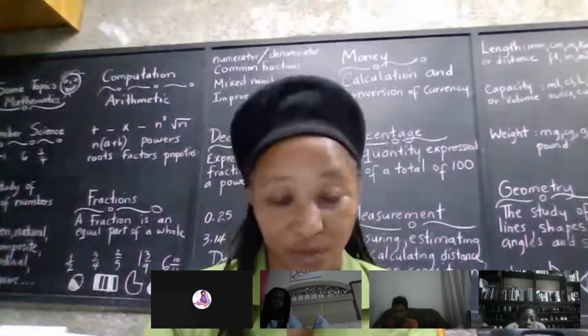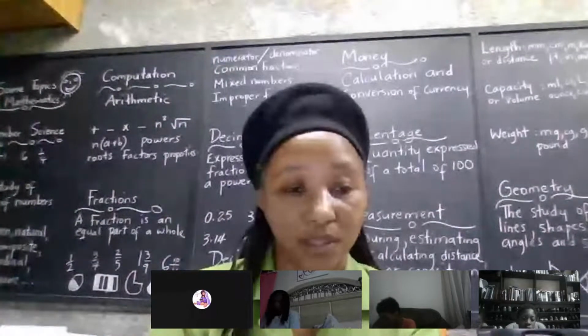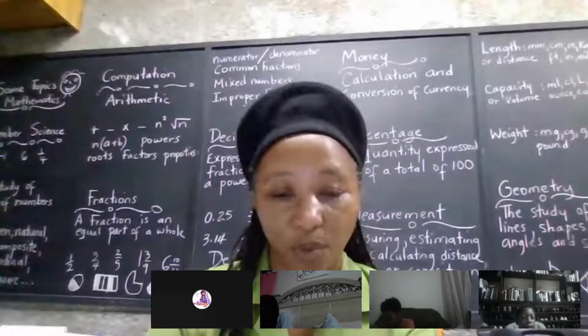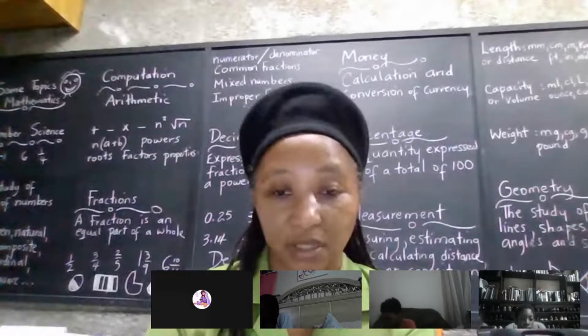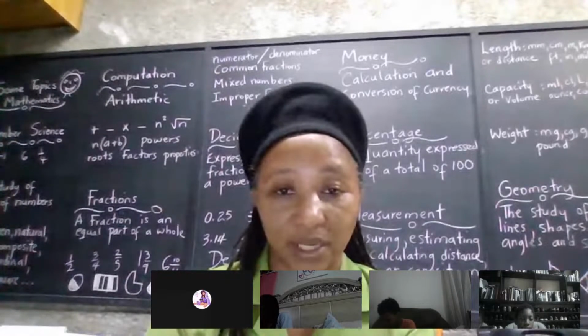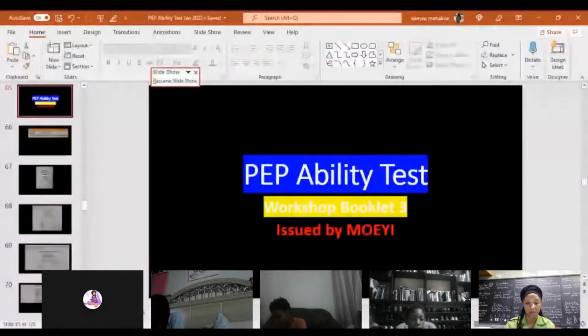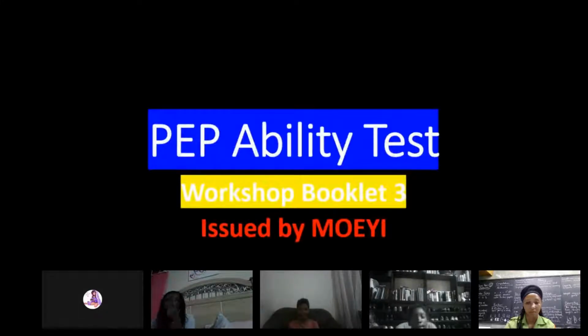We have a lot to do. So we want to finish up part 2 of work booklet 3. So let's get right into it because it's a lot. All right, so just let me know if you're seeing the screen.